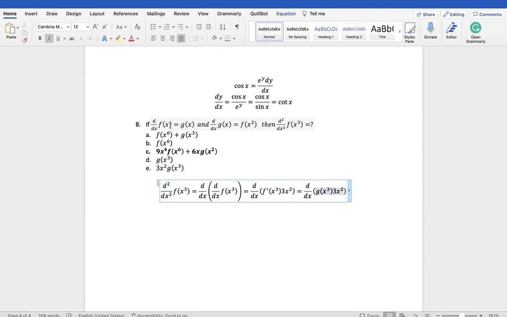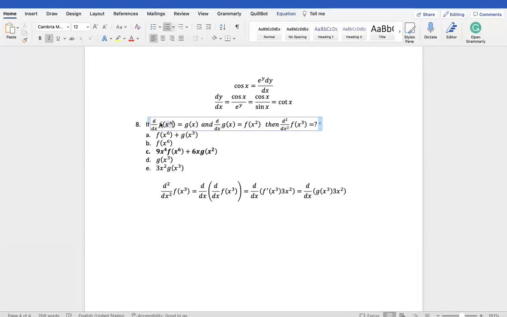Because you're given that d over dx of f of x is equal to g of x. So if you had x cubed instead of x, this would be equivalent as well. This is basically using some version of composite functions, because wherever you have x, you're just substituting x cubed.